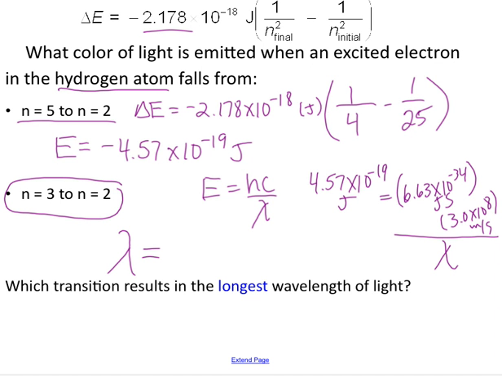What do we get? 4.35 times 10 to the negative 7th meters.